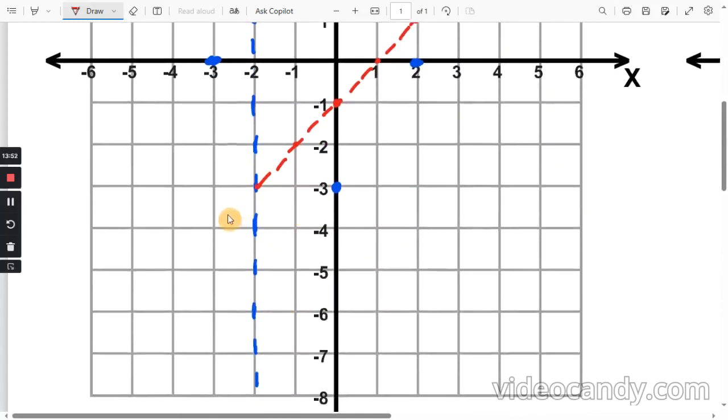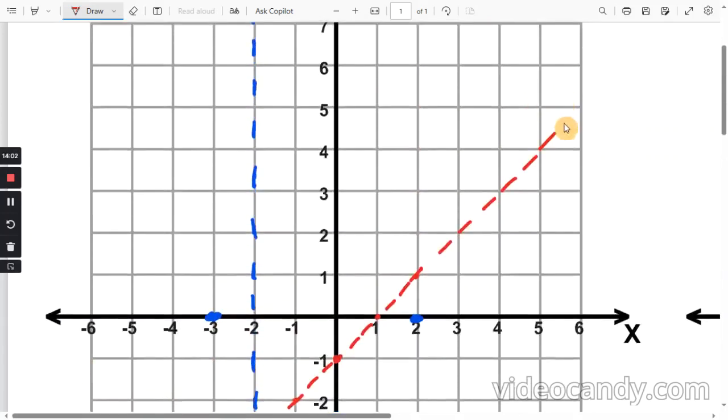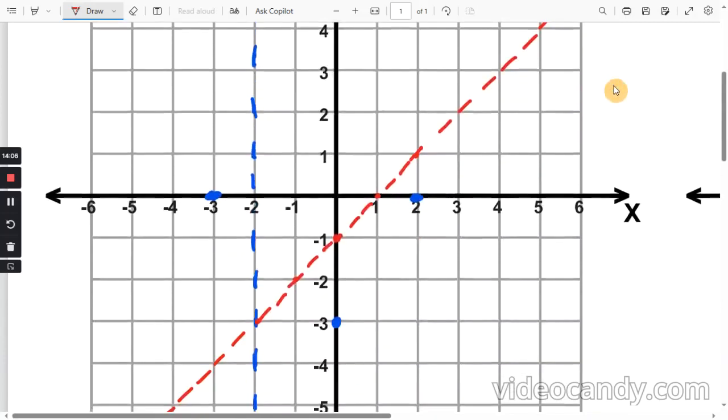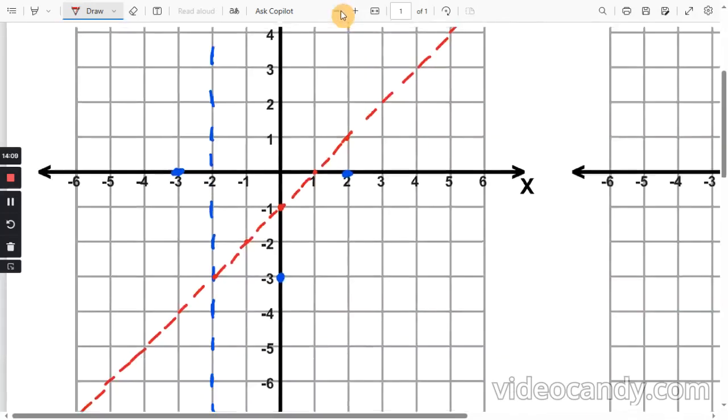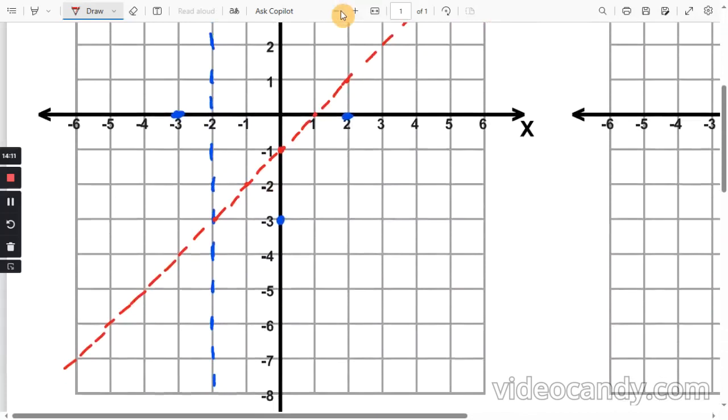Right through here, and right up here. So that's what we're looking at.